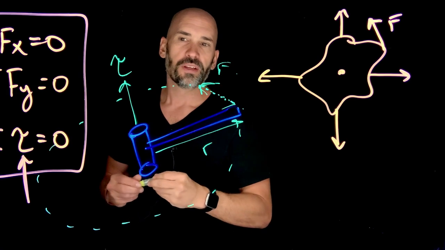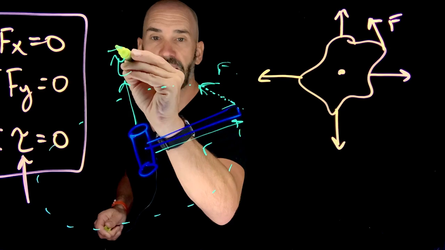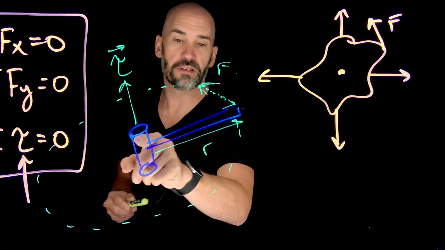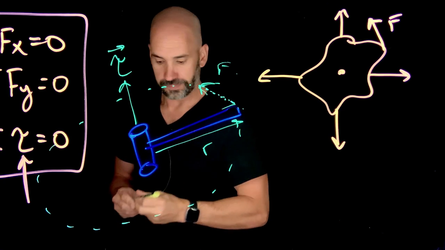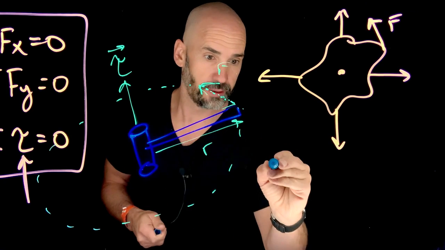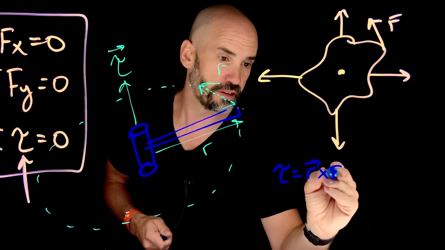And so the interesting thing about the torque is it's a vector, and the direction of that vector is always perpendicular to both R and F. So I'm going to start by saying that the formula for torque is equal to R cross F. This is why we study the cross product.